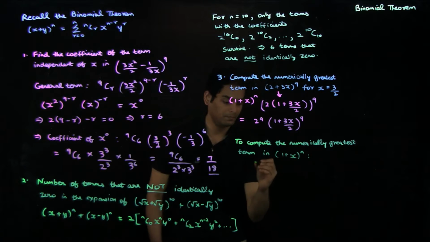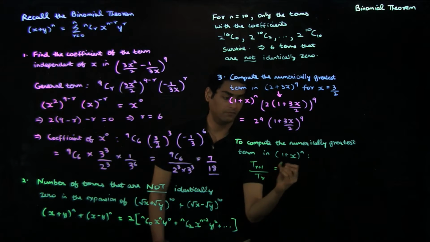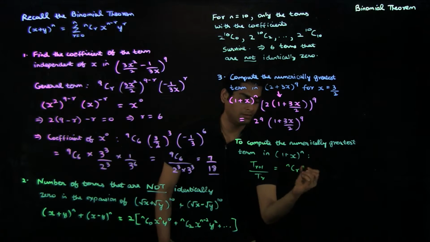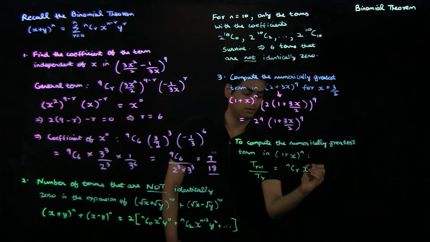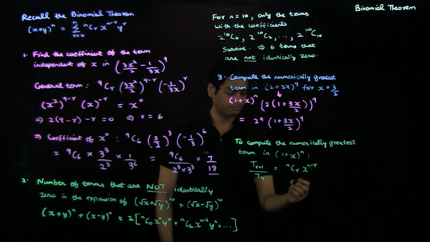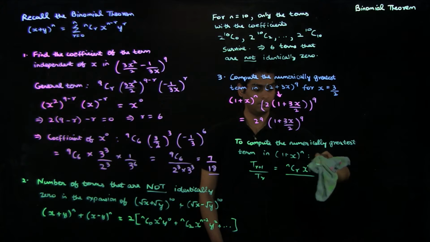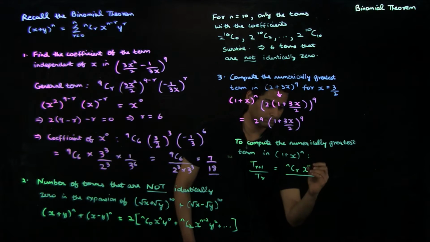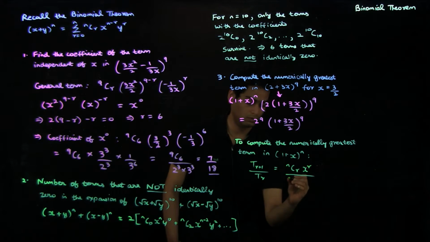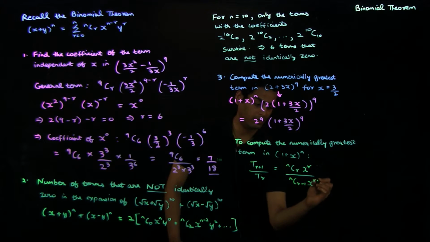you just consider the ratio of the (r plus 1) term over the r term, which is nothing but nCr x power r, and in the denominator you would have nC(r minus 1) x power (r minus 1).